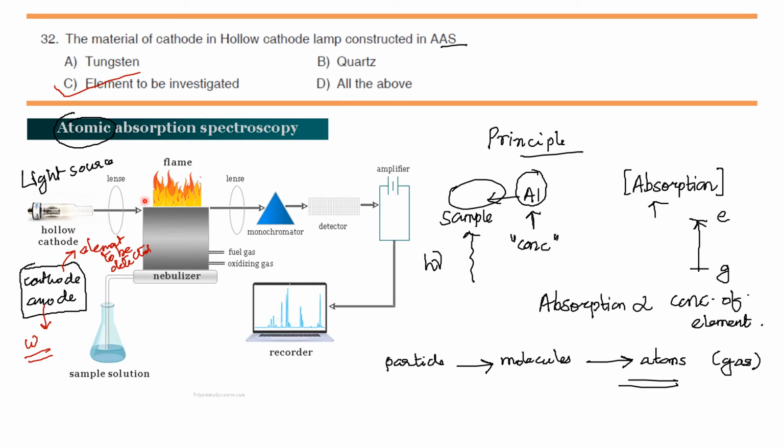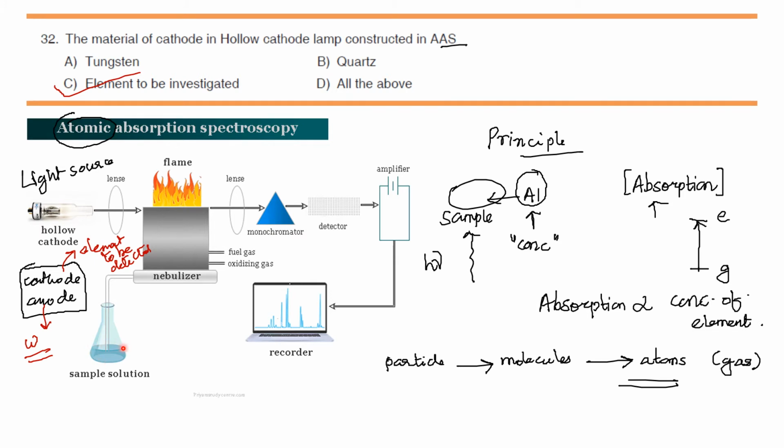When you look at the next part, it is actually a combination of a nebulizer as well as an atomizer. So first we'll see what a nebulizer is. The nebulizer is a part of this AAS where you'll be having a sample solution, that is a liquid solution.